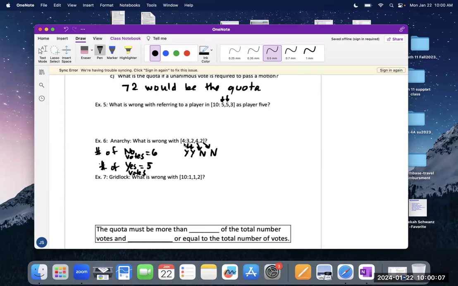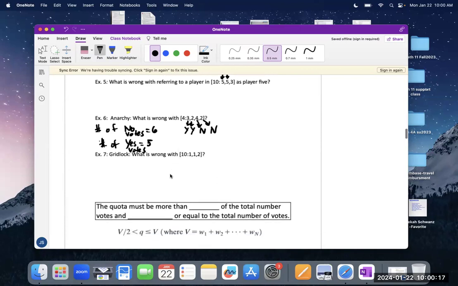We need to make the quota more than half, so it forces either the yes votes to win or the no votes to win. Okay, so there's not anarchy. So I wrote down here, the quota must be more than half, which is a majority of the votes. More than half is the same as a majority, right?